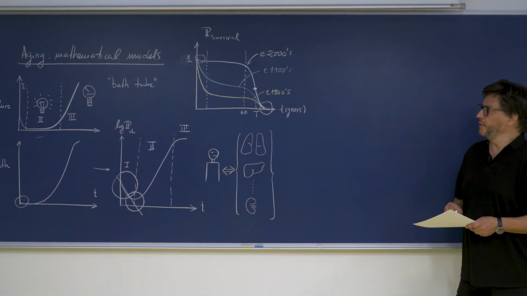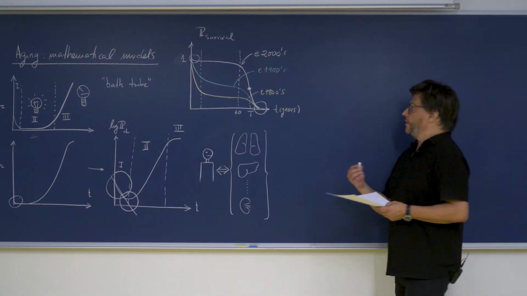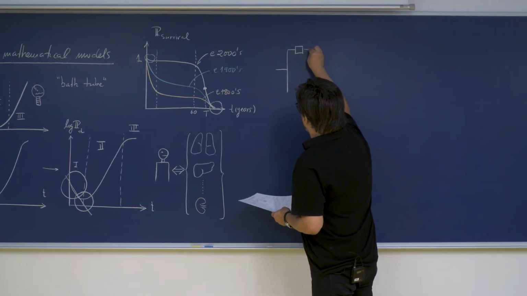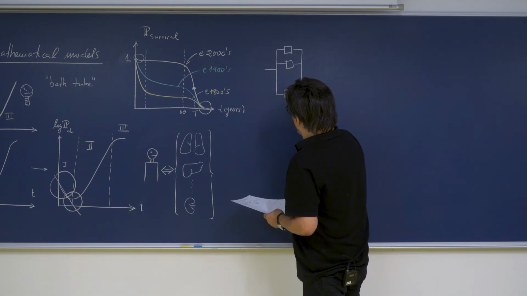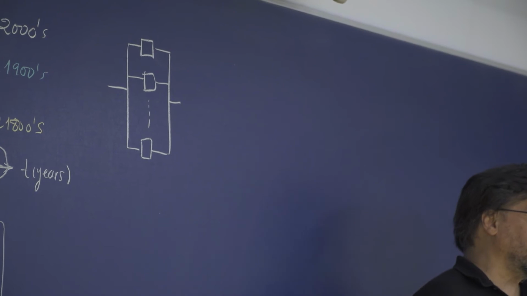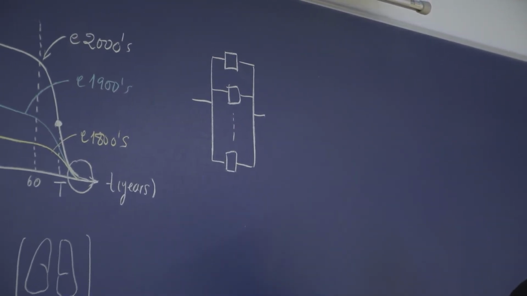Let us assume that I have a system, let me make a big abstraction here, that is made of different parts, all right? Different subsystems working in parallel, right? We have seen that in our analysis of parallel systems in reliability theory.